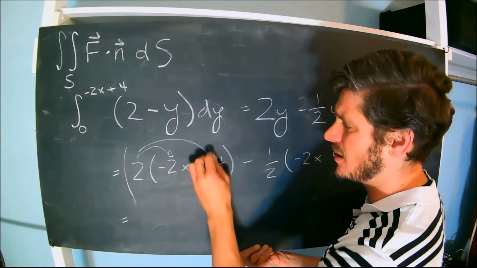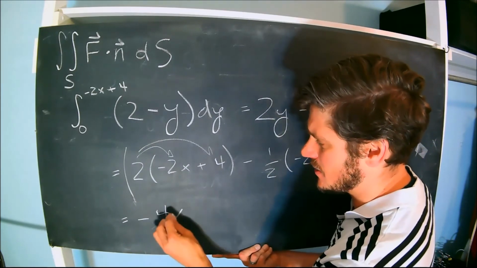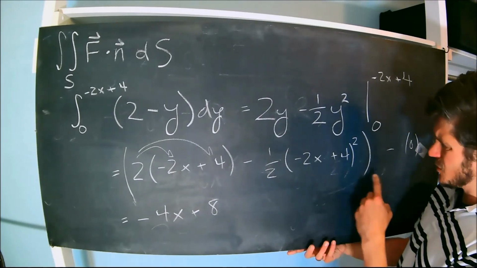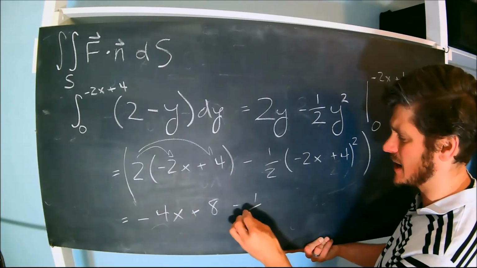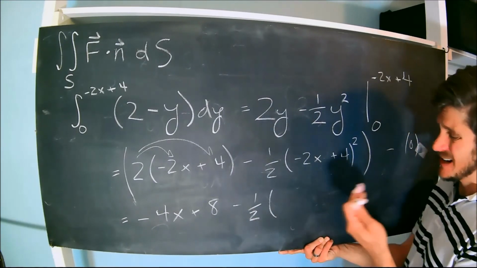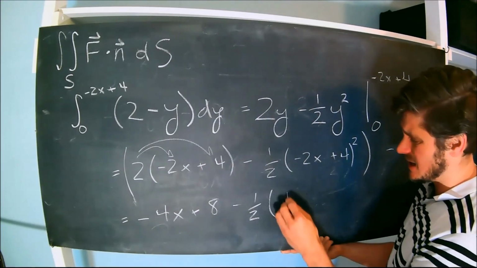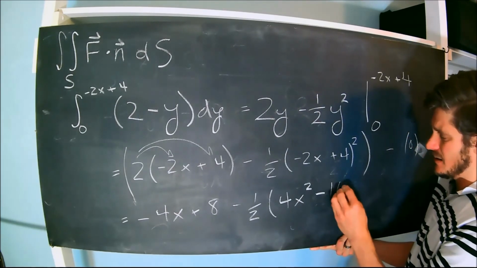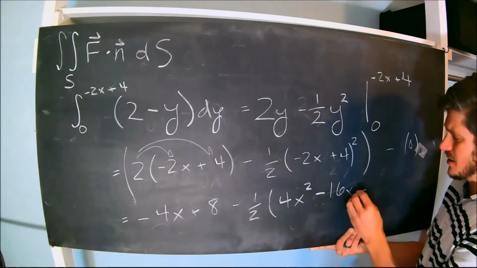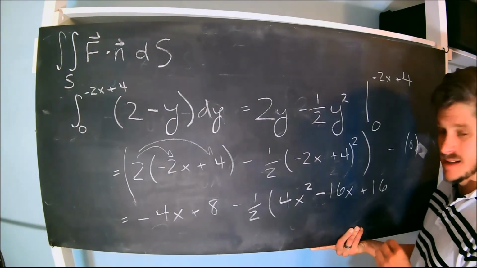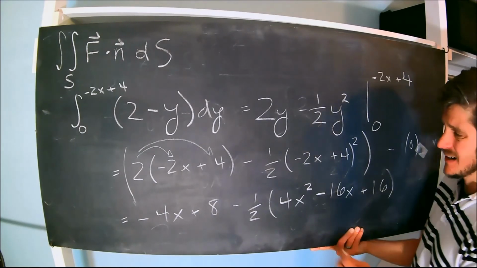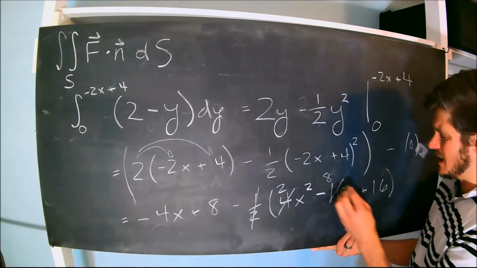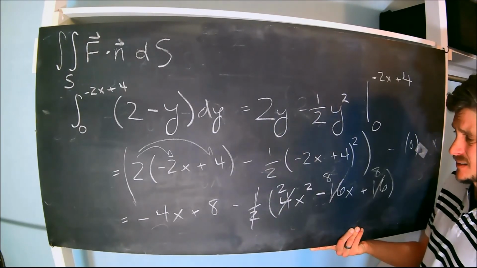Now, this shouldn't be too bad. So the first one, distribute. That gives me minus 4x plus 8. And over here, I expand this. Minus 1 half, and I'm going to expand this first, again using the binomial theorem. So that's going to give me 4x squared minus 16x plus 16. And if I distribute through that 1 half, that becomes a 2, an 8, and an 8.